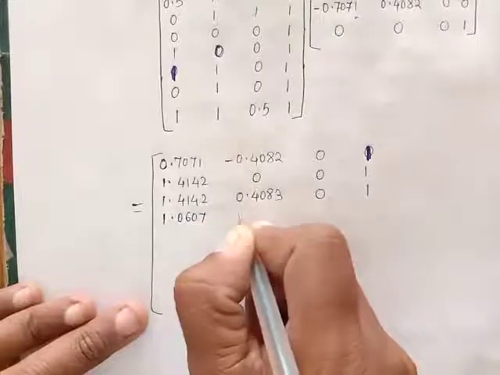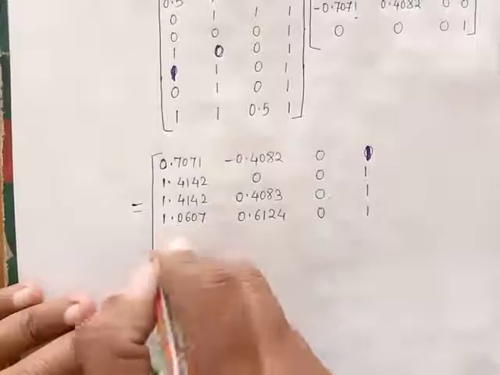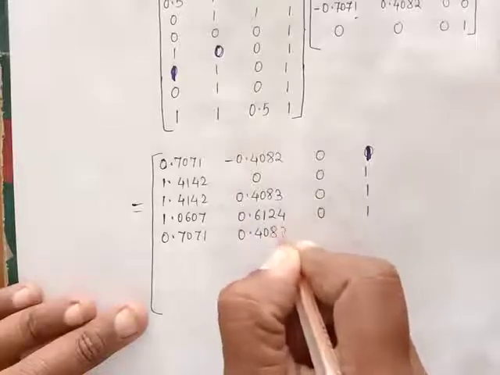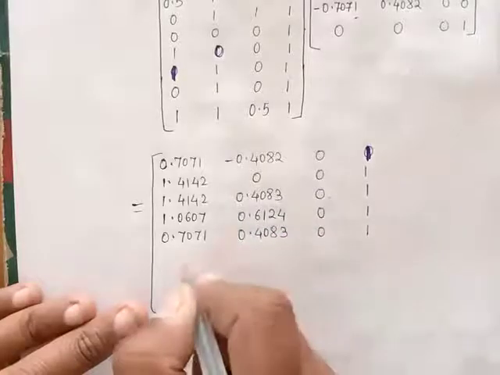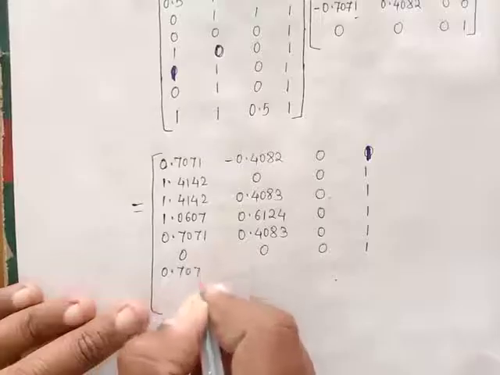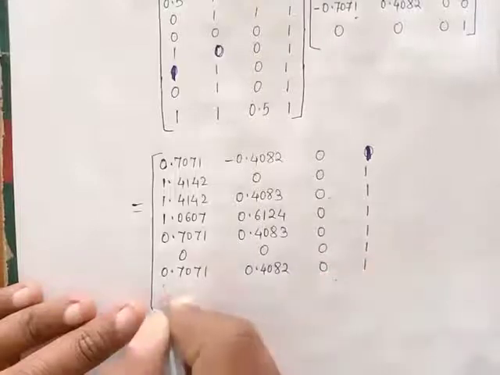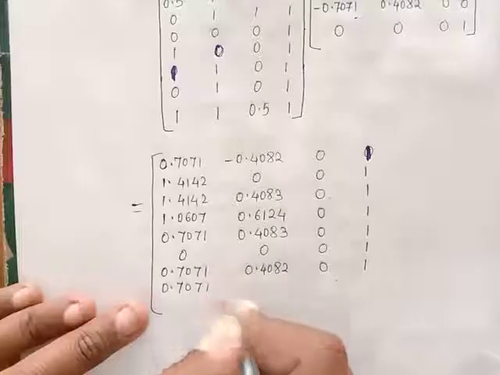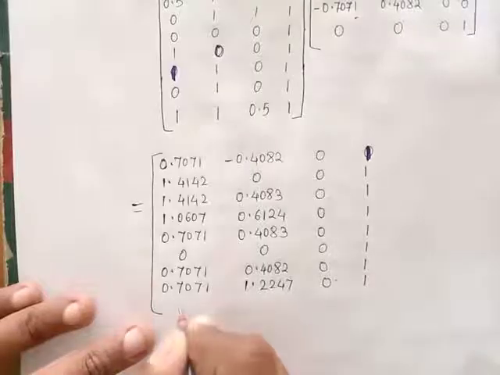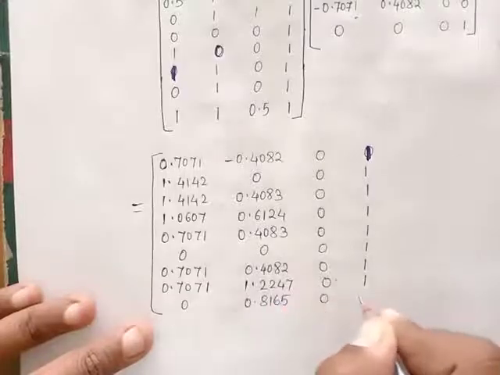So next 1.0607, 0.6124, 0, 1. Here 0.7071, 0.4083, 0, 1; 0, 0, 0, 1; 0.7071, 0.4082, 0, 1; 0.7071, 1.2247, 0, 1; 0, 0.8165, 0, 1.